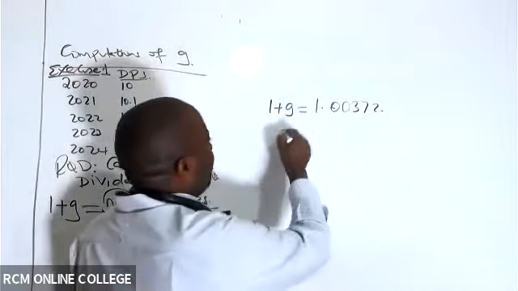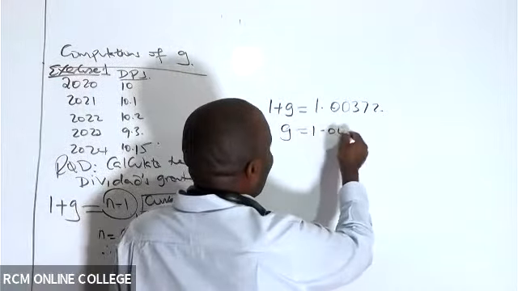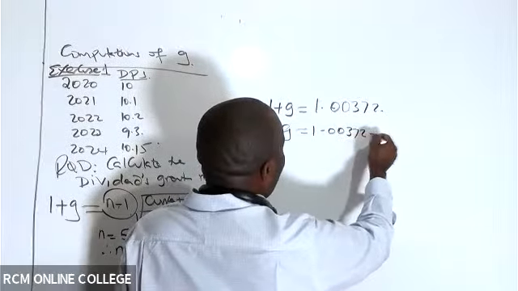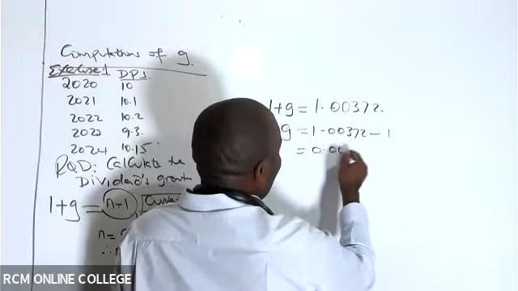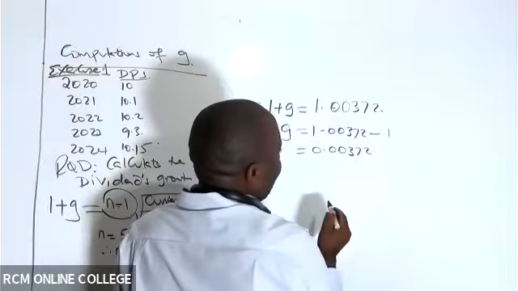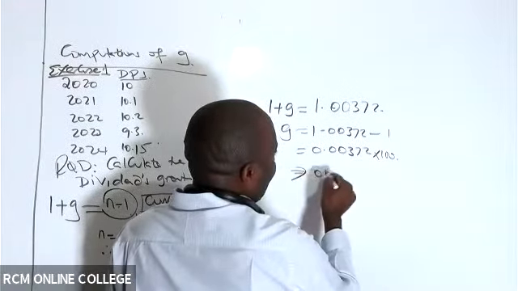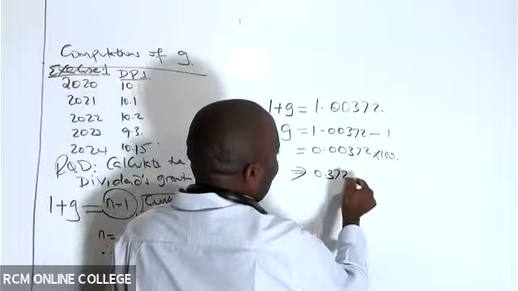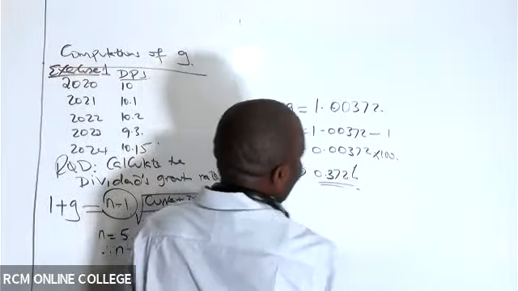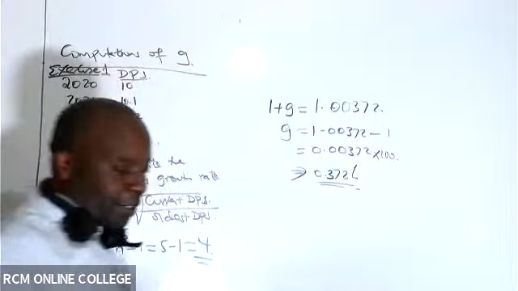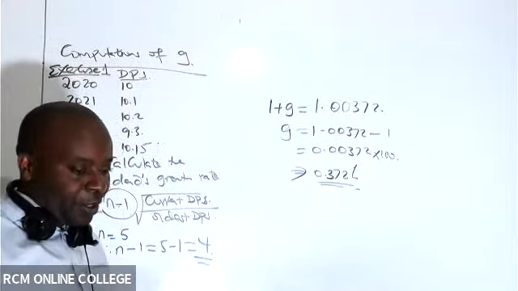Therefore, G will be 1.00372 minus 1, which will be 0.00372. So of course, times 100, and that will end up giving us 0.372%. Thank you for that. So now I believe this is the correct answer, right? I believe that this is correct.